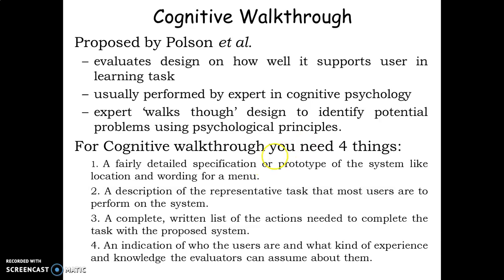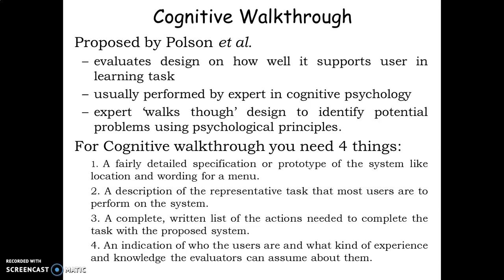In the case of cognitive walkthrough, a sequence of actions is to be performed, which refers to the steps similar to the code walkthrough in software engineering. In this case, the steps refer to an interface which will require a user to perform some task in order to accomplish a goal.